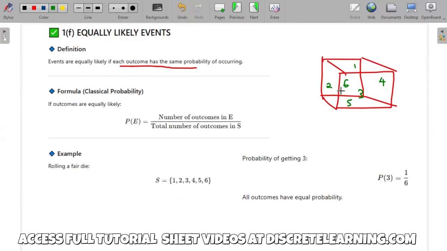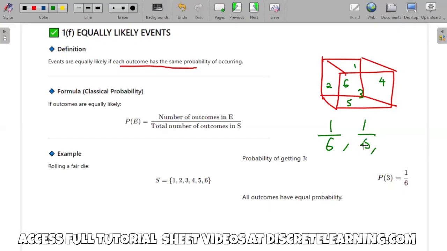So here the probability of getting a one when you roll this die will just be the number of ones that are appearing on this die, which is just one, divided by the total sides that are there, which is just six. Again, when we find the probability of getting a two, we just have one two there, and the number of sides are also six.